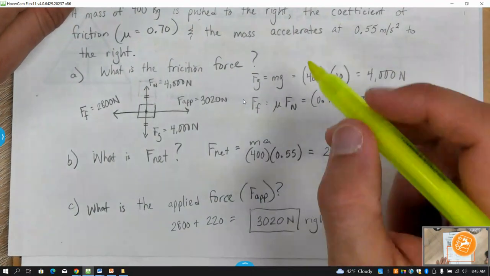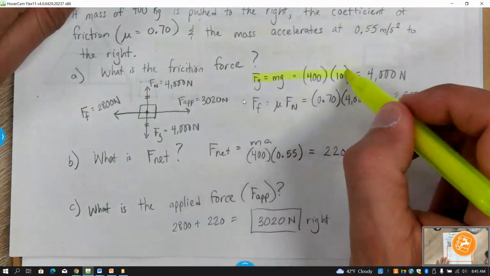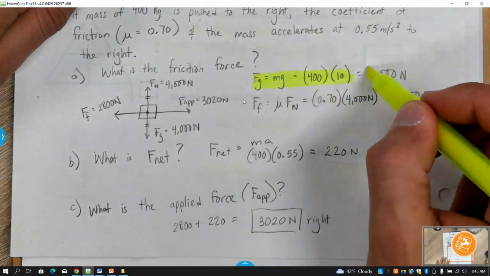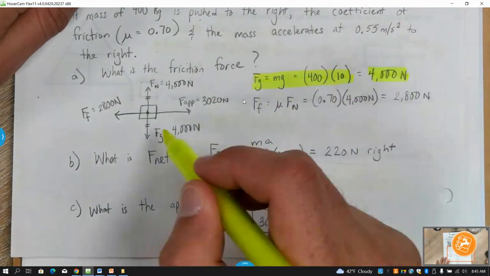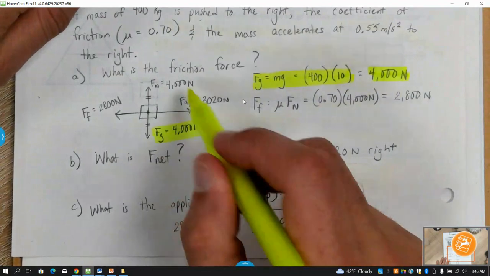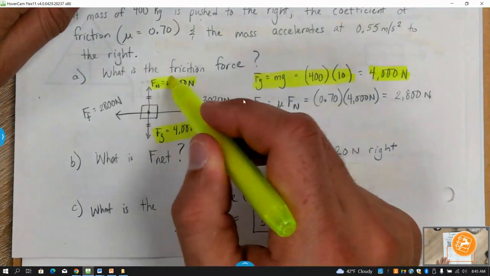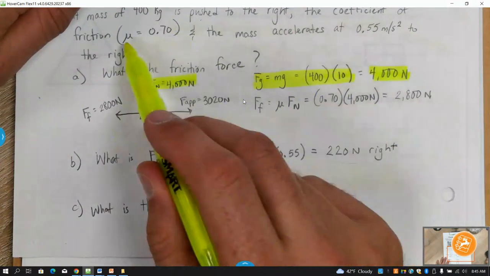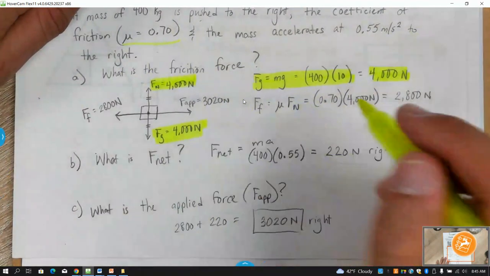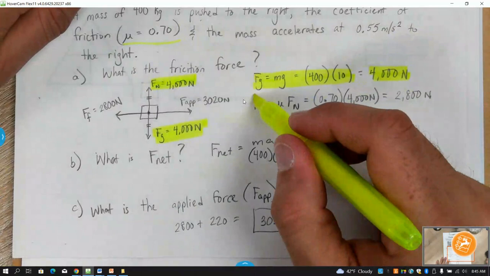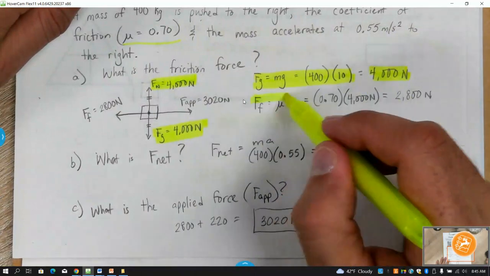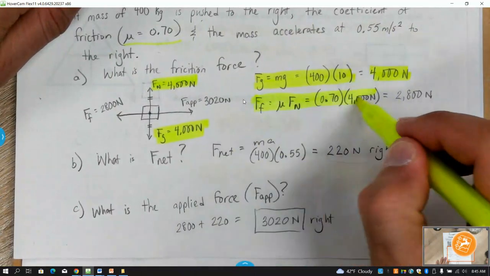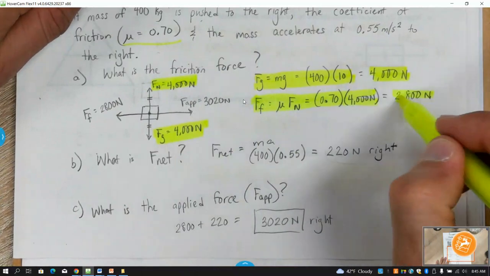Okay, so what we did, we went and we found weight, 1 point, 2 points. Draw that in, 3 points. Draw this in, 4 points, because there's no math needed for that. Now that we have normal force and coefficient, you can find friction force. So this would be my 5th point, 6th point.